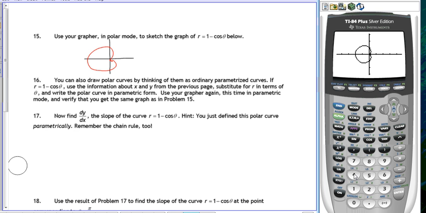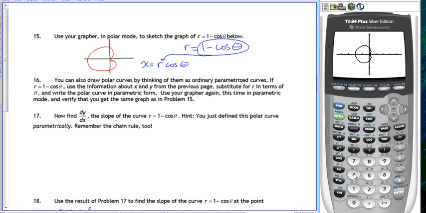So the first thing we need to do is get this in parametric form. So we know, sorry, I'm going to write this up by my graph. So we know that r is 1 minus cosine of theta. And we also know what x is. X is r cosine of theta. So all I'm going to do is take this r and plug it right in right here.